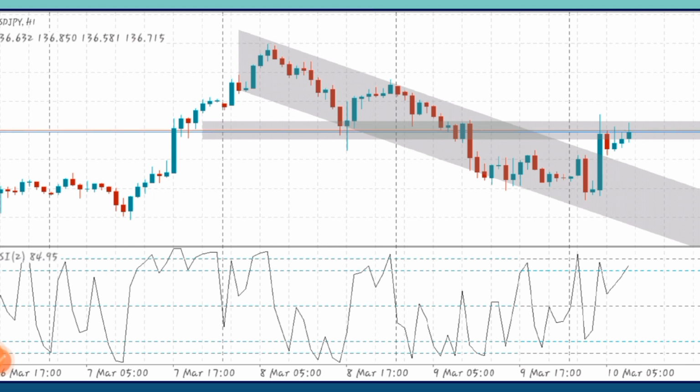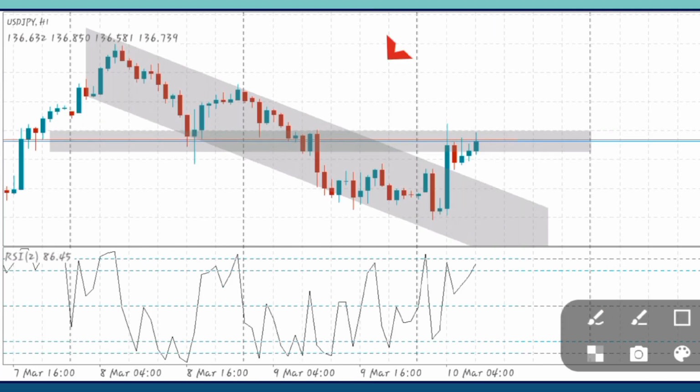I can take this to be the previous high. I can take this place to be the previous high. Alright, I take that to be the previous high, and now here are the significant points.